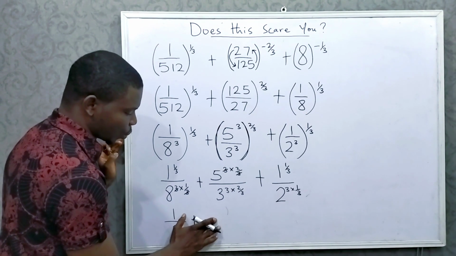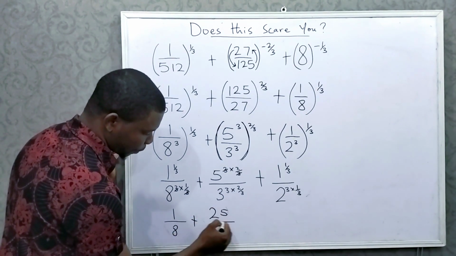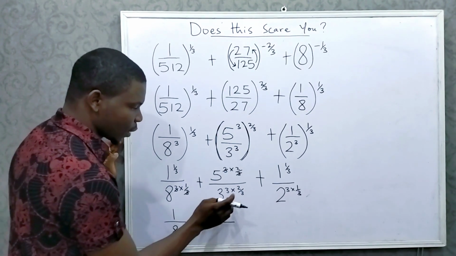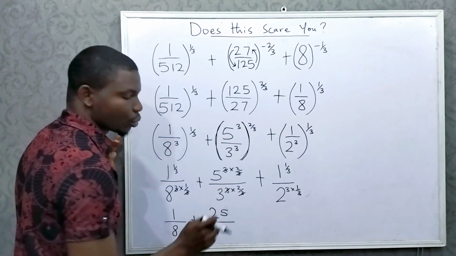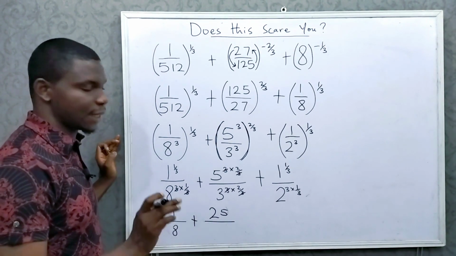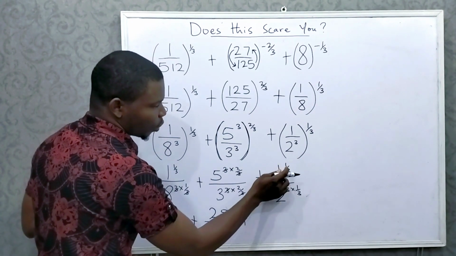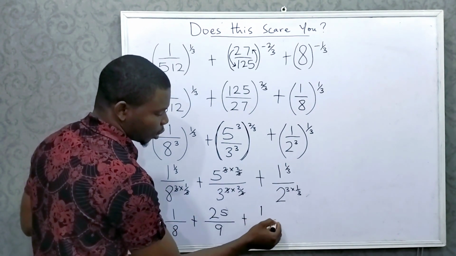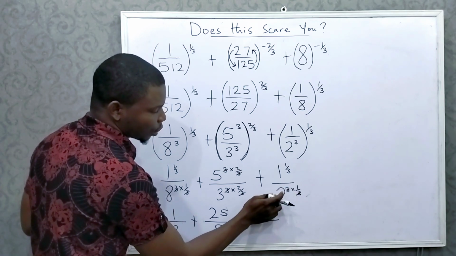And 5 raised to power 2 is what? Is 25. So I can write 25 there. Over, this 3 will cancel this 3, so I'm left with 3 raised to power 2. And 3 raised to power 2 is what? Is 9. Then plus 1 raised to power 1 over 3 is still 1. Over, this 3 will cancel this 3, so I'm left with just 2.